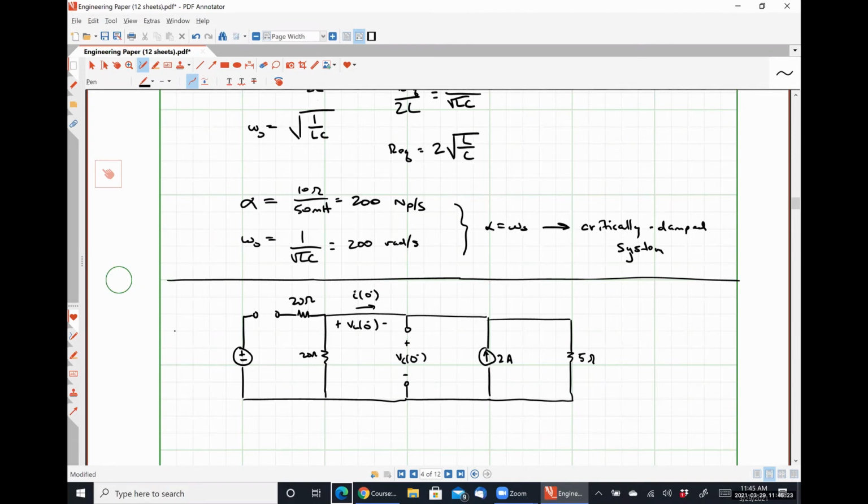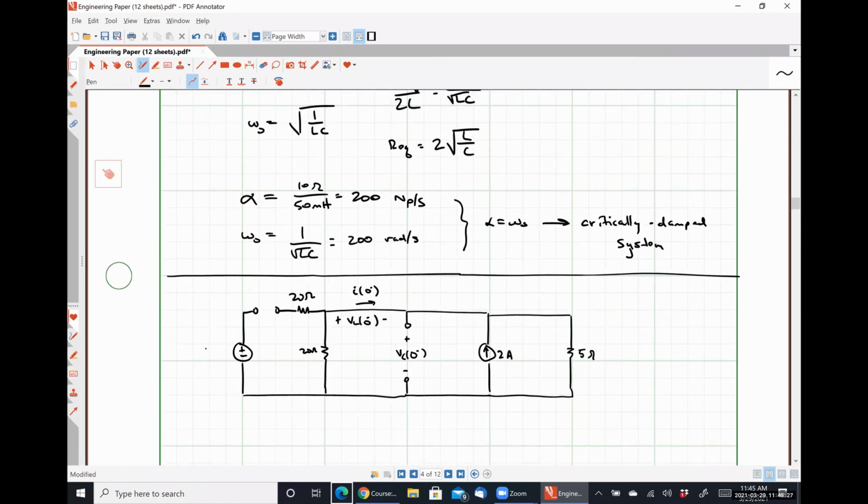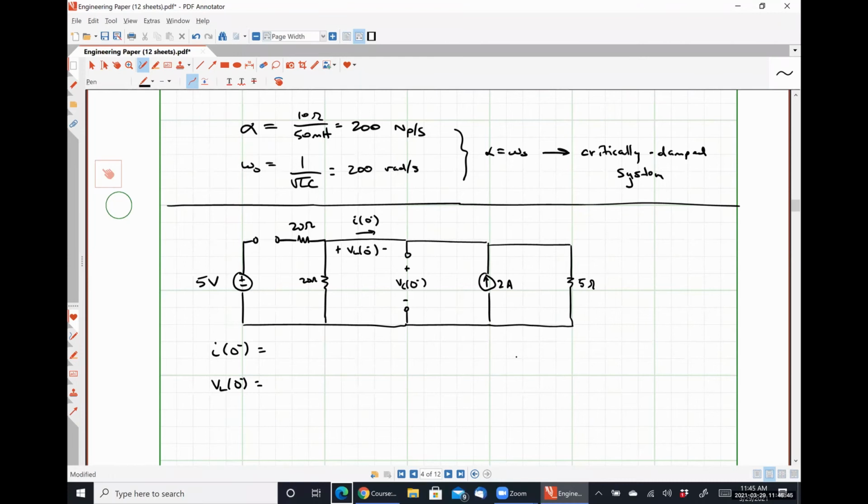Let's see, what was the value of that voltage source? Doesn't matter because it's not connected, but still useful to draw. 5 volts. Okay, so we have our 3 quantities that we need to be keeping track of: I at 0 minus, VL at 0 minus, and VC at 0 minus.